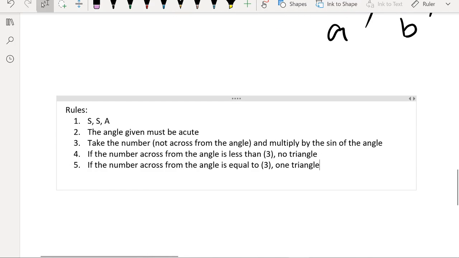So if the number across from the angle is less than what you get in step 3, in rule 3, then you have no triangle. If it's exactly equal, you have one triangle.